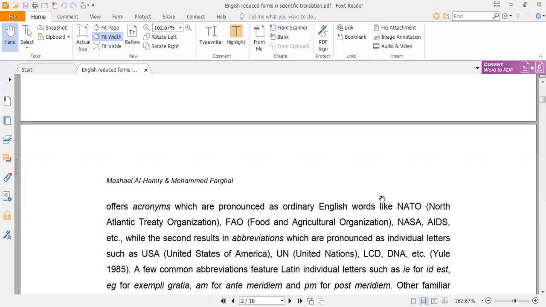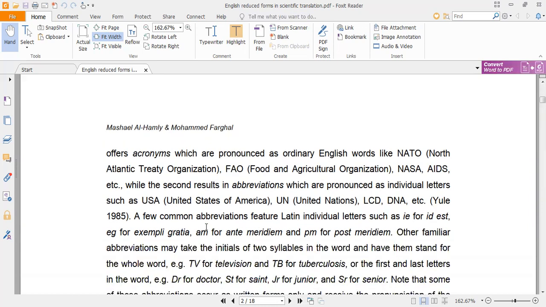So look at NATO here. NATO اللي هو حلف الناتو. Actually it is shorter than the original one. It consists of only one word, NATO, while the original phrase consists of four words. And it is pronounced as one word.